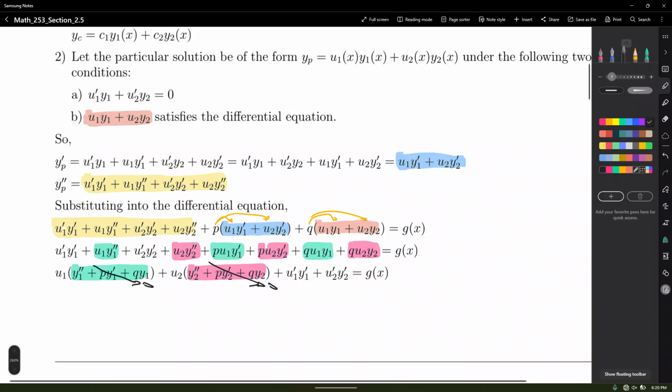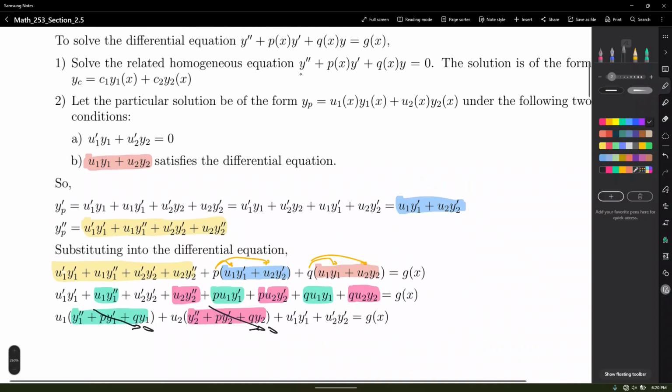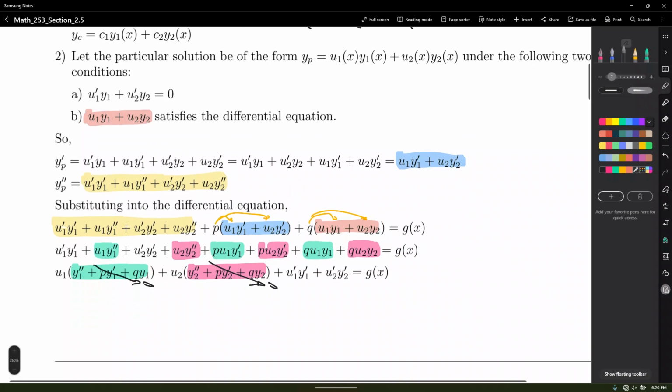Here's the thing. When we solve the homogeneous differential equation, we get a linear combination of a fundamental set of solutions, two solutions, y1 and y2. So that means this equation is true for y1 and also true for y2. That's why we can set those two terms equal to 0.